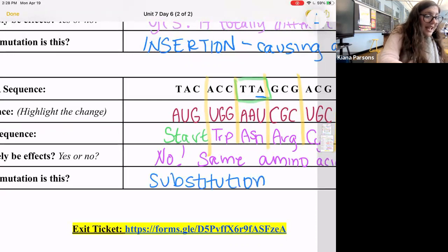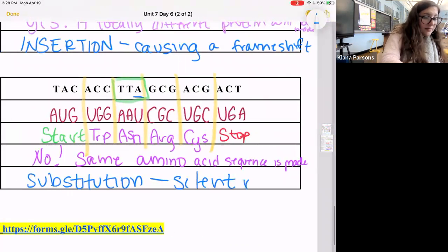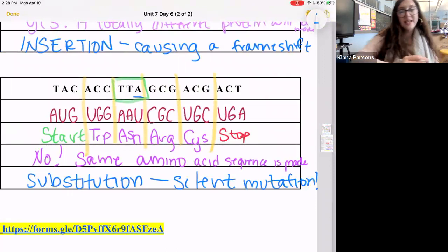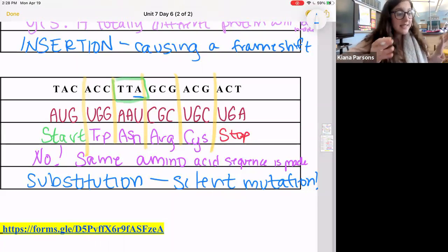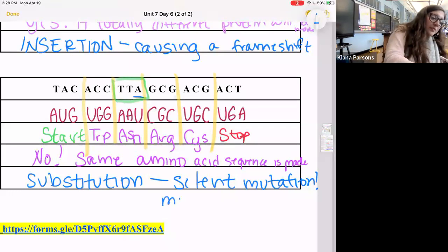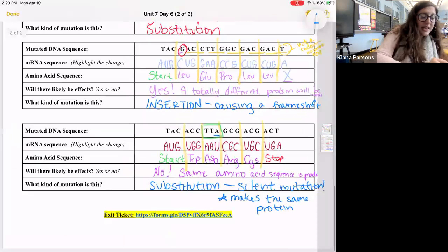And this is a silent mutation because the same amino acid sequence is made. This line of code codes for the same amino acid sequence, so the resulting protein is the same. Which is a relief for whoever had this mutated DNA sequence.